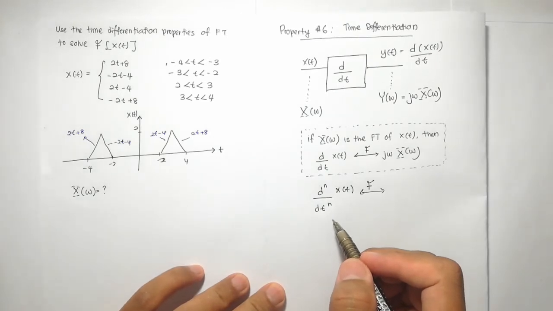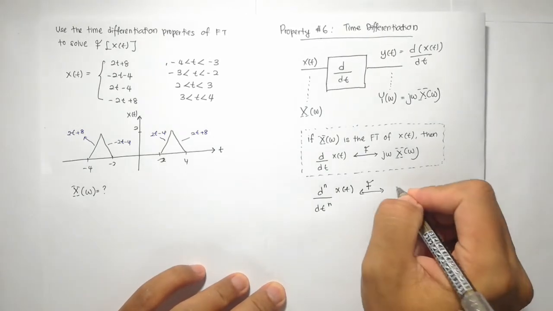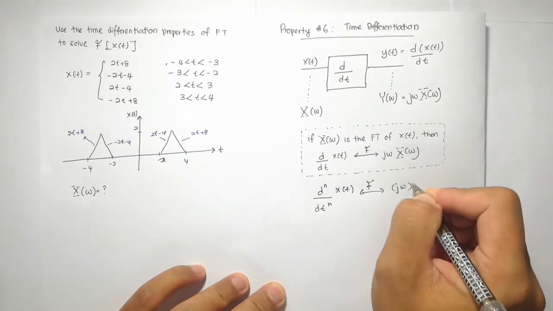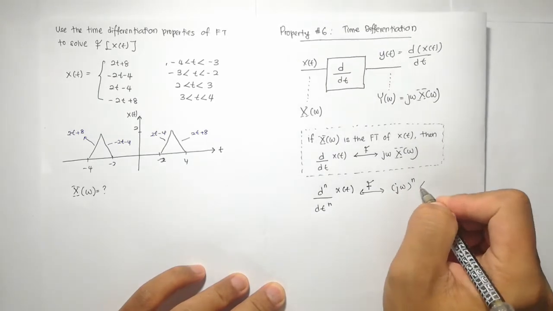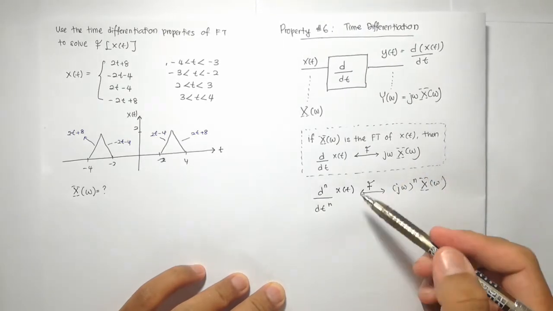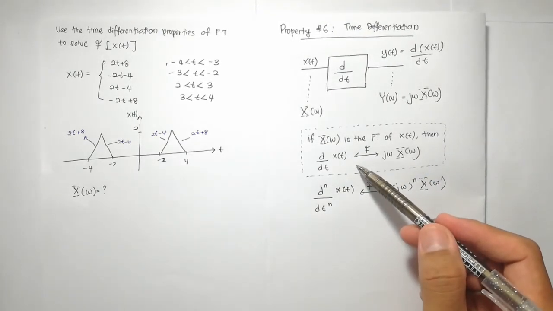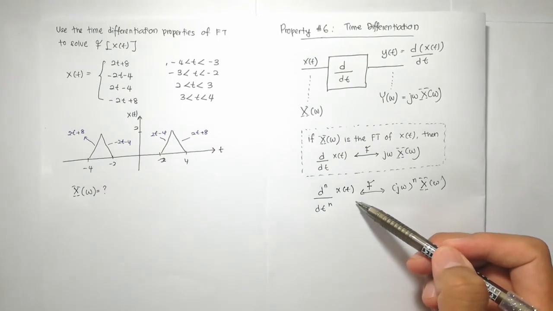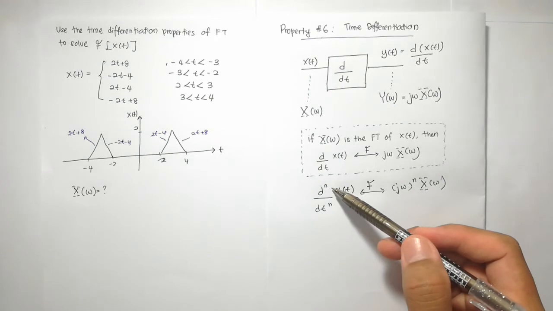the Fourier transform will be given by (j omega) to the power of n times X(omega). The difference is that this one we differentiate once, and this one we differentiate more than once, depending on our n value.